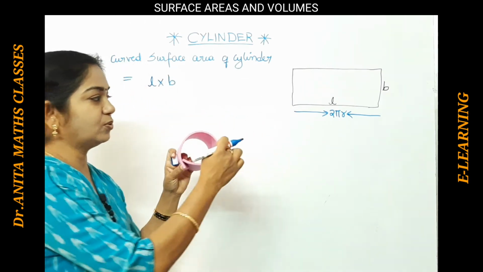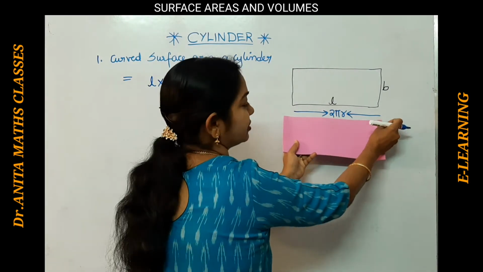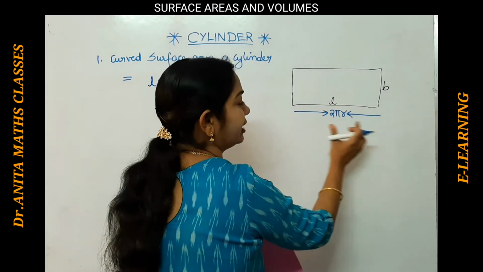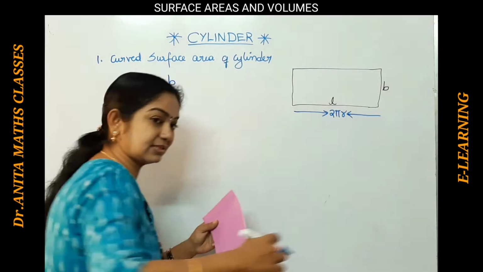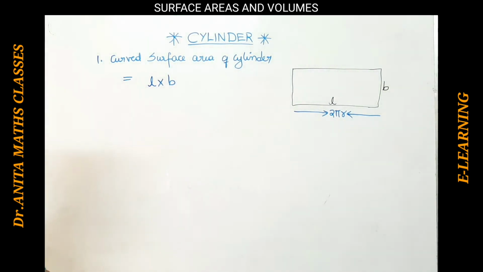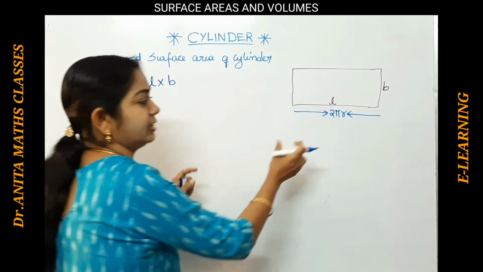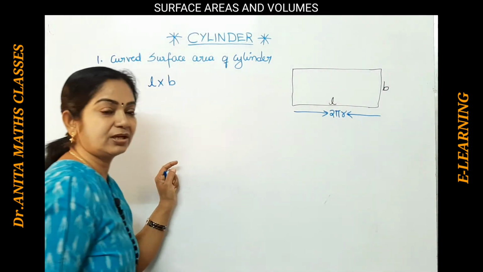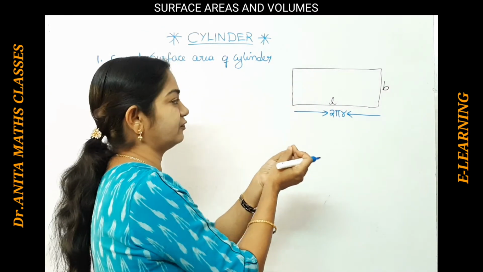If I open it, this is the length, isn't it? The length here, after folding it, became the circular part. So it is the circumference, or we call it the perimeter of the base. The base is a circle, isn't it? Perimeter of the circle is 2 pi r. Now, our length has become 2 pi r when we make it into the form of a cylinder.